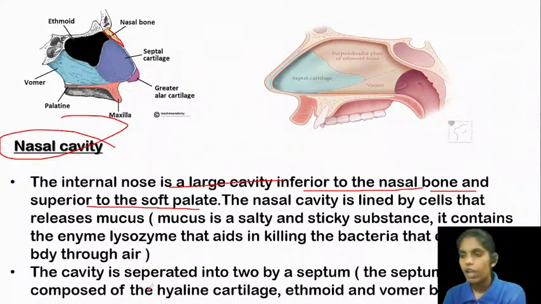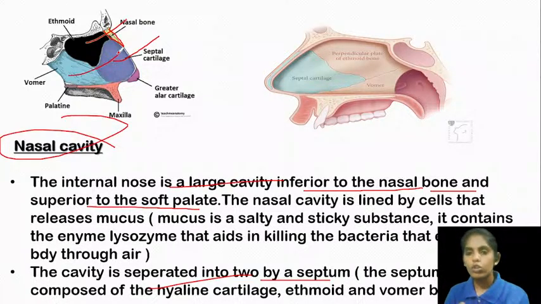And the nasal cavity is separated into two chambers by a septum, and the septum is made up of hyaline cartilage, here the blue colored one, the ethmoid bone, and the vomer bone.